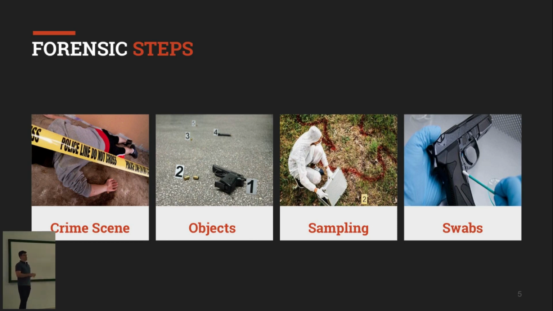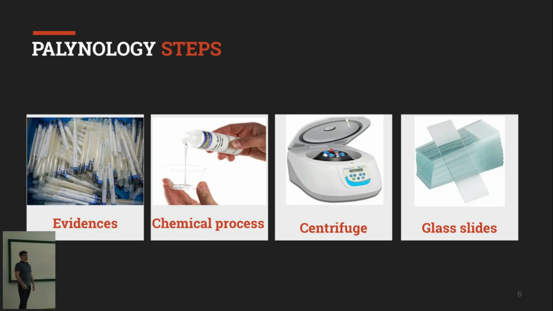Now I will explain the palynology steps to solve a crime. The palynologist or the botanist, an expert who knows what a pollen grain is and how to analyze pollen grains, will receive a lot of evidence, a lot of swabs isolated by the police.